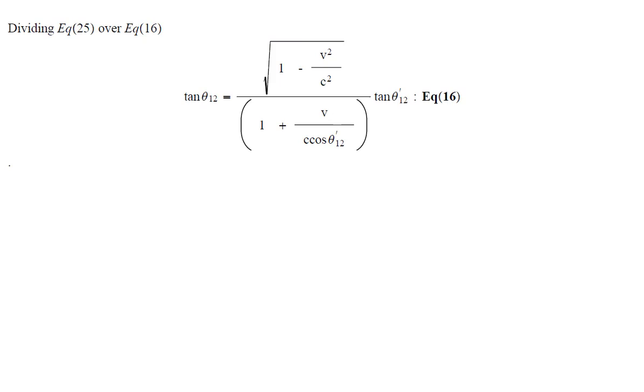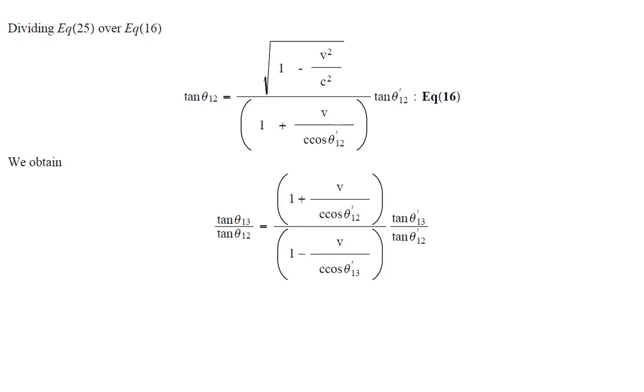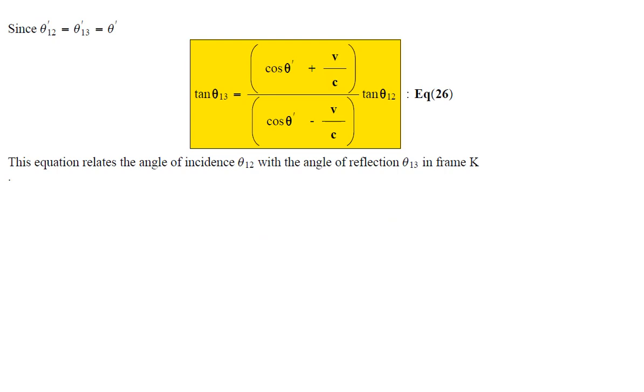Dividing equation 25 over equation 16, we obtain the following equation. Since θ12' equals θ13' equals θ', this equation relates the angle of incidence θ12 with the angle of reflection θ13 in frame K.